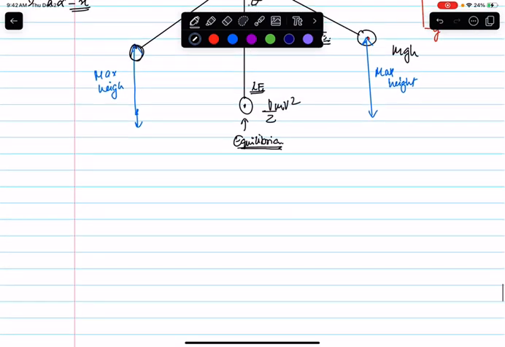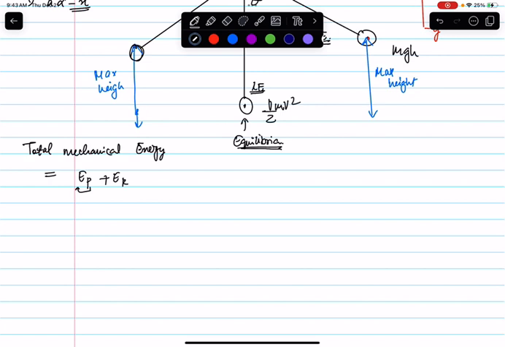So in this case, this is just total mechanical energy. This is all about topic 2, forces and motion. The total mechanical energy in a system is just given by the potential energy plus the kinetic energy, okay?